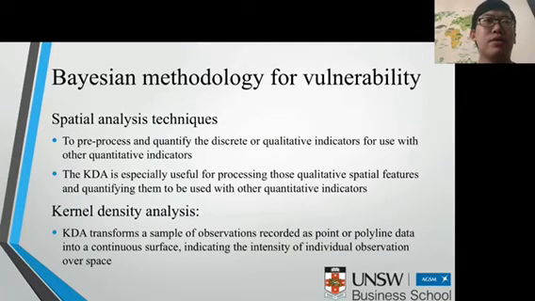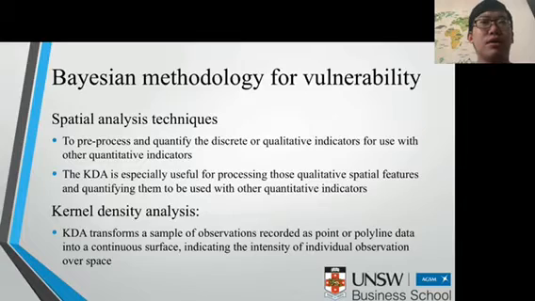The spatial analysis technique used in this approach is to pre-process and quantify the discrete or qualitative indicators for use with other quantitative indicators, and the kernel density analysis is especially useful for processing those qualitative spatial features and quantifying them to be used with other quantitative indicators.